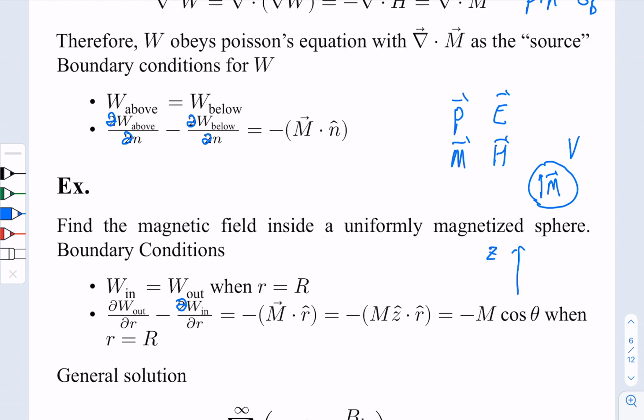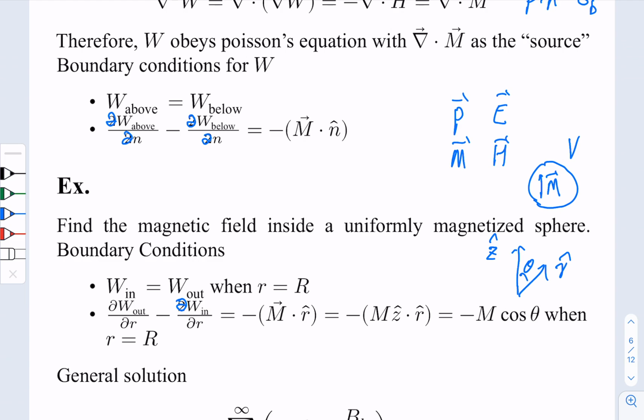The angle is theta, and the dot product of r hat and z hat is simply cosine theta.